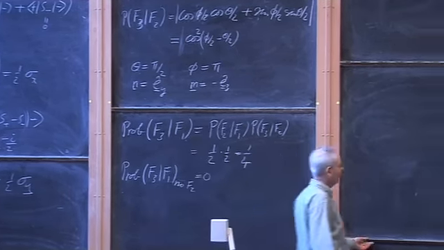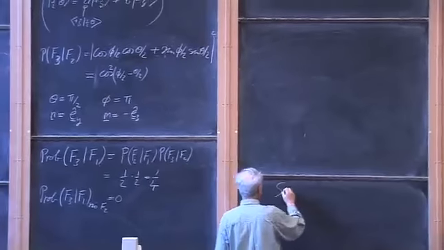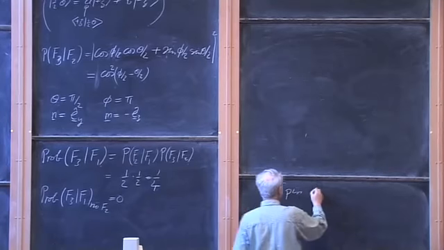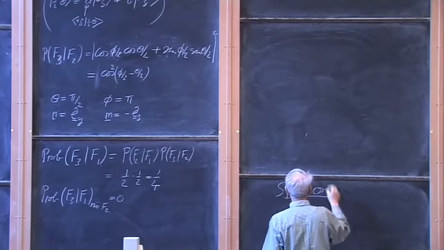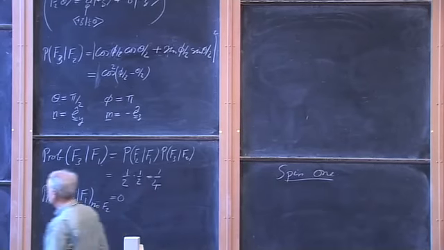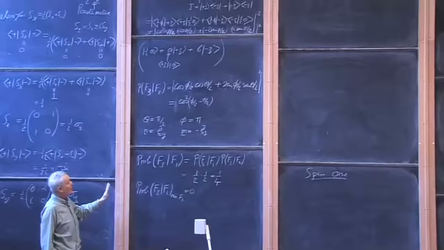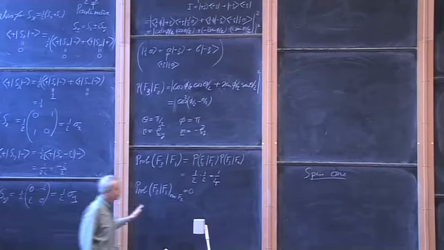So we should talk briefly, as I say, spin a half is far and away the most important case, but let's briefly talk about spin 1 and make the point that everything we've been doing here generalizes to arbitrary spin. There's nothing we've been doing which is really peculiar to spin a half.